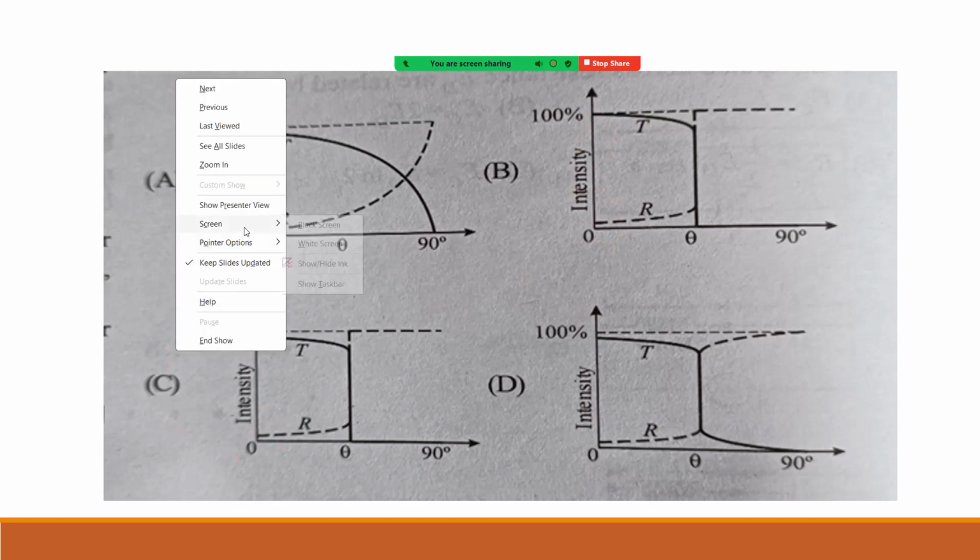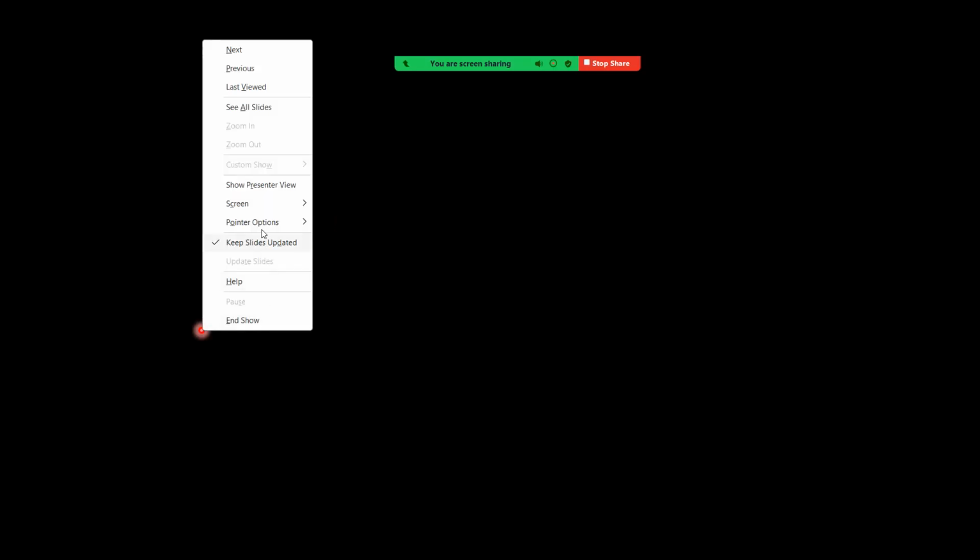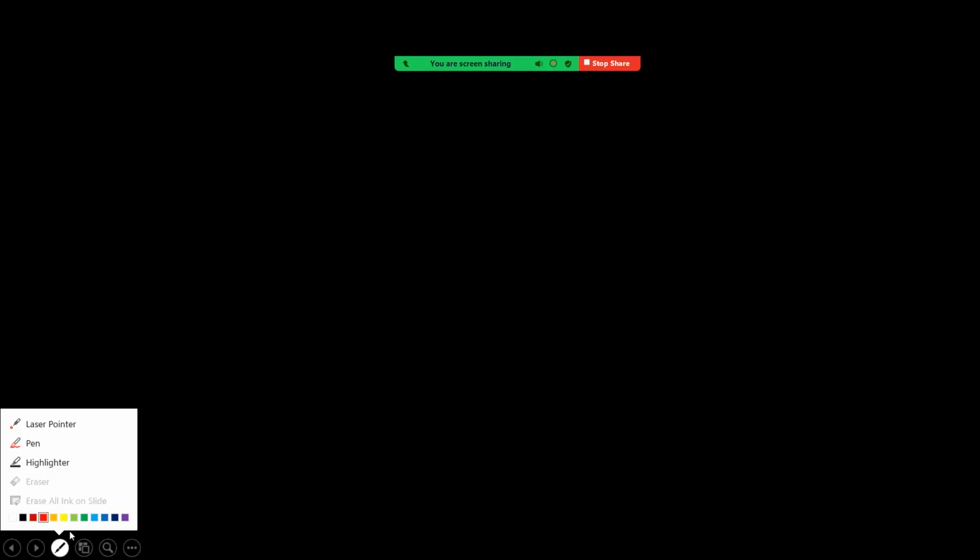Let us see once. Let's see carefully. Theta zero means it is incident normal, like this. In such a case, most of the part is transmitting and less part is reflecting.